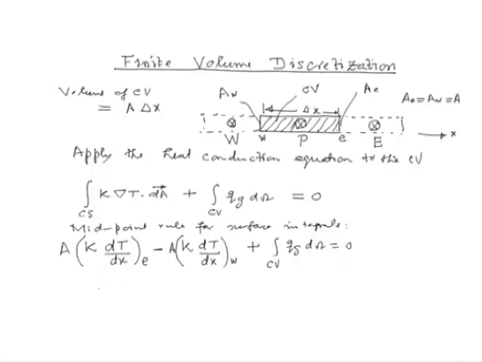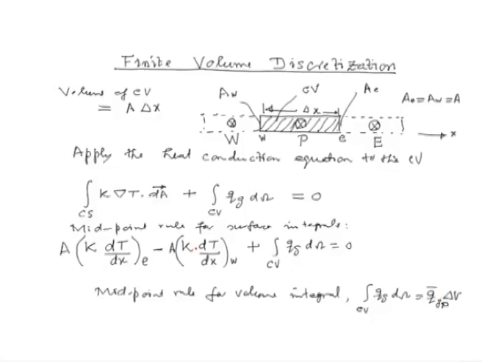So, if we use the midpoint rule for the volume integral, then we will get the integral of qg d omega over the control volume would be qg bar delta V, where qg bar is the value of qg at the centroid, that is at point P. You can also put the subscript capital P if you want to be very particular.